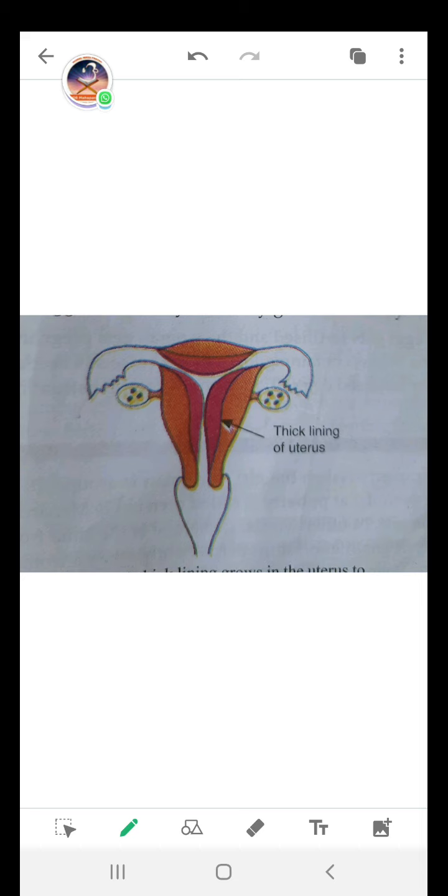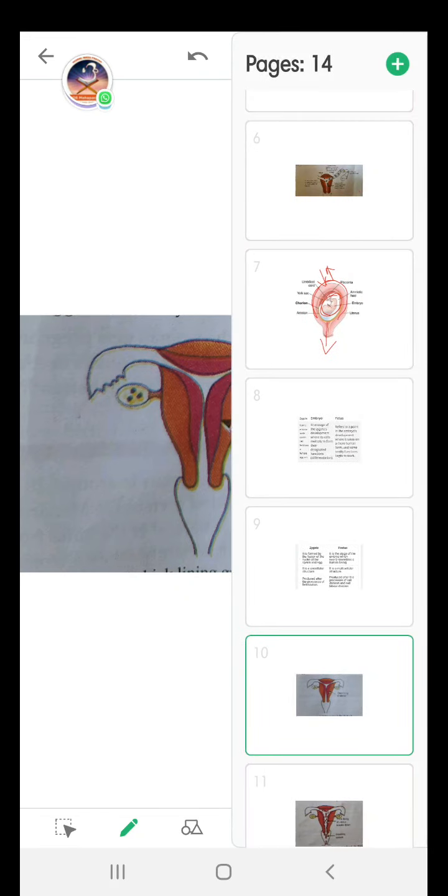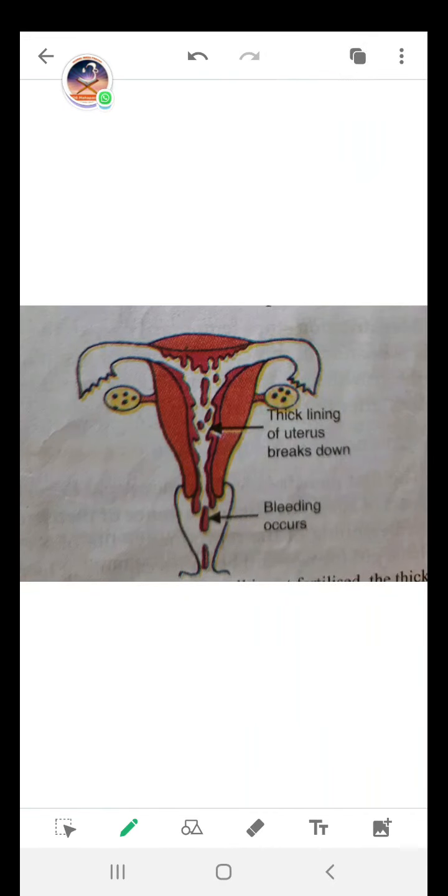The release of egg from the ovary is called ovulation, and ovulation occurs once in 28 days. The menstrual cycle is of 28 days.